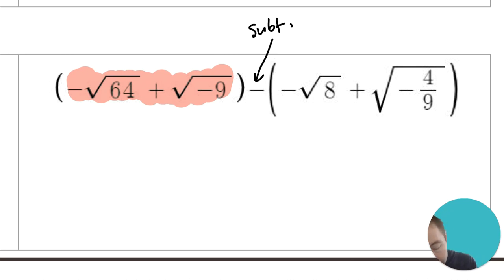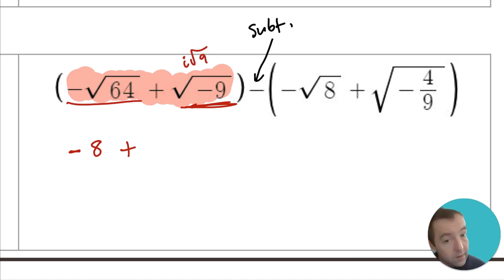So this first number is really just negative of the real number 8, because you've got a positive 64 under the root, right? And then plus, and then right there, because you've got the negative under the root, that's going to be imaginary, so you need to think about this as being equivalent to i root 9, and the root of 9 is 3, so it's really just -8 plus 3i.